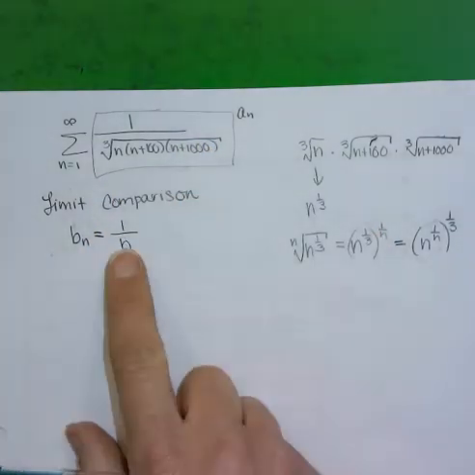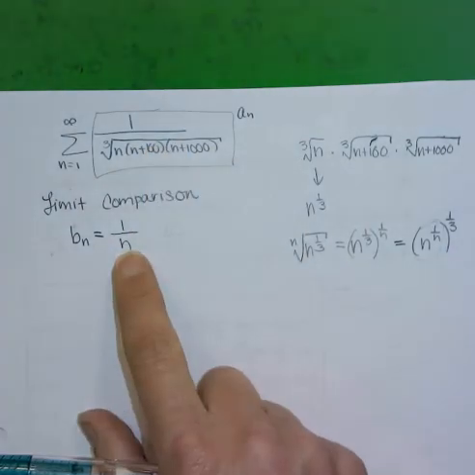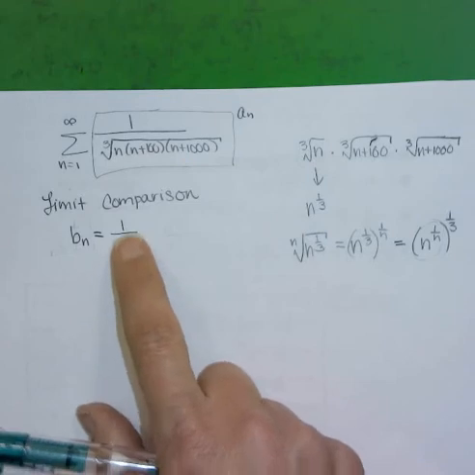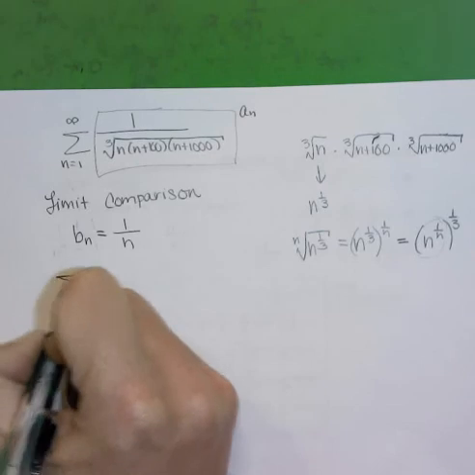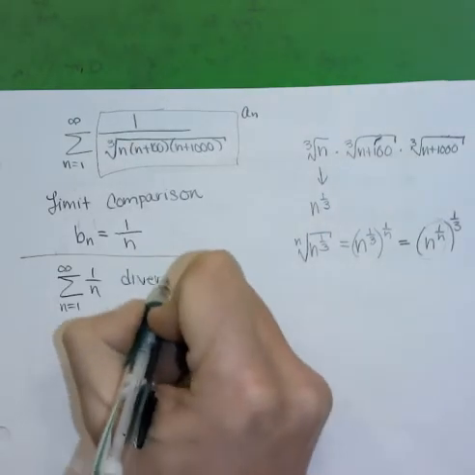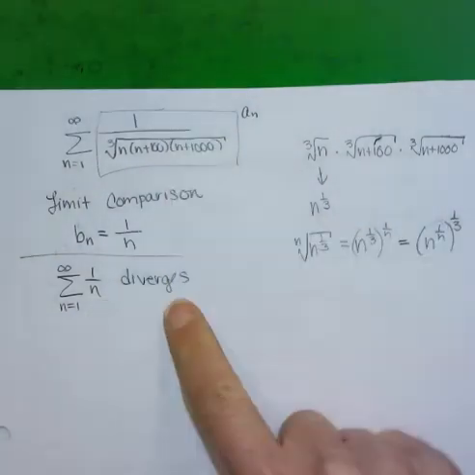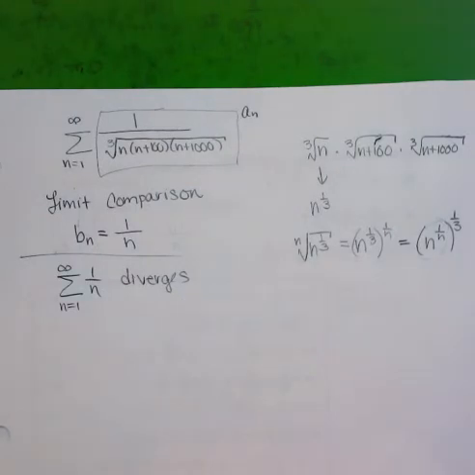Now, why won't direct comparison work? This series is smaller than 1 over n. And what does this series do? It diverges. It's the harmonic series. And since this series is smaller than that one, that doesn't help. Smaller than infinity could be finite, or it just might take longer to get to infinity.